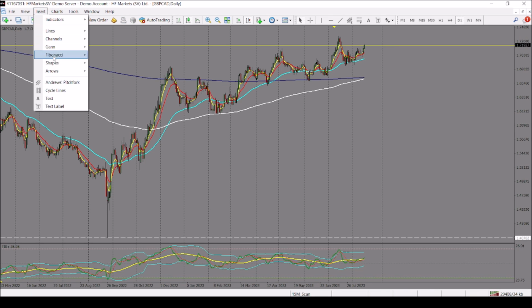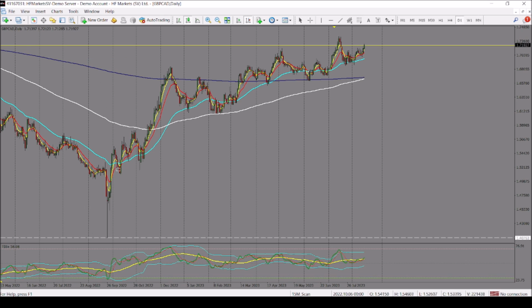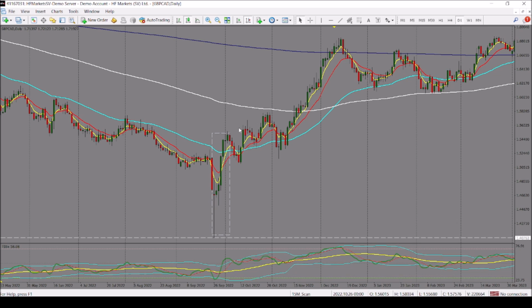I will use rectangles to mark these levels, these upward and downward impulses. In this case, we had an impulse to the upside, creating this high and then creating the first low.